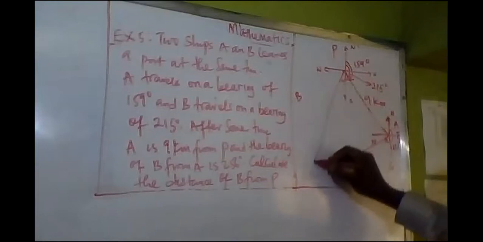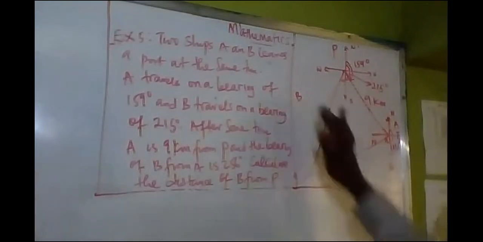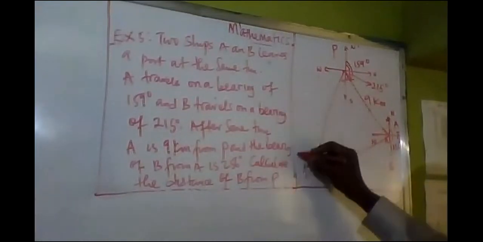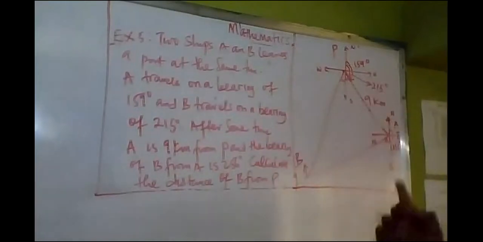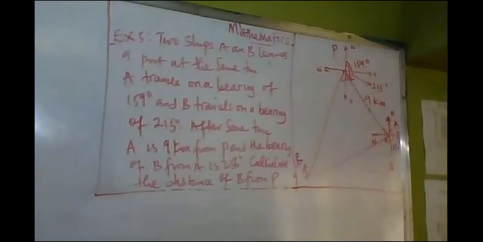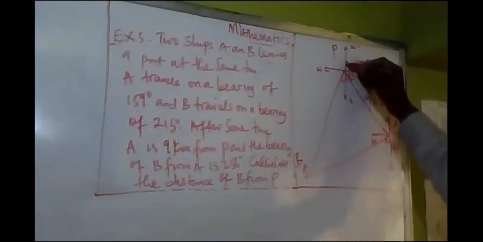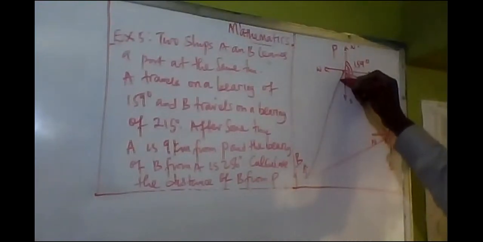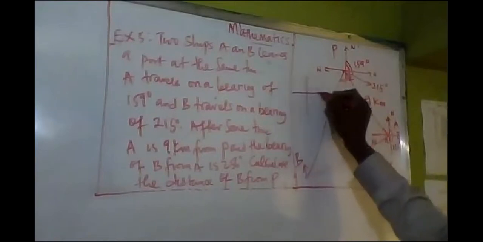So yes, this is the right triangle. So this is our point B. Now, the problem is how to get the angles inside. If from this place to this place is 215, look at it too.